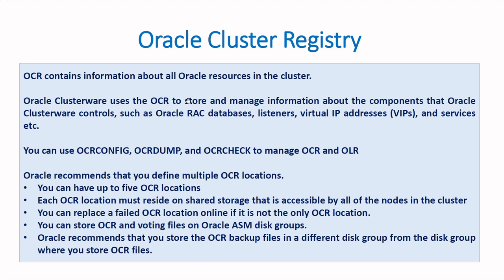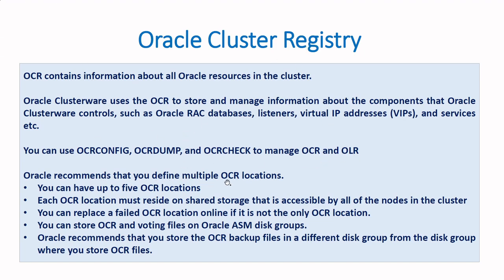So what is OCR? OCR is the file which contains information about all Oracle resources in the cluster. It is used to store and manage information about components such as what are the RAC databases, what are the listeners, what are the virtual IPs, what are the services, etc. You can use ocrconfig, ocrdump, ocrcheck to manage OCR and OLR.